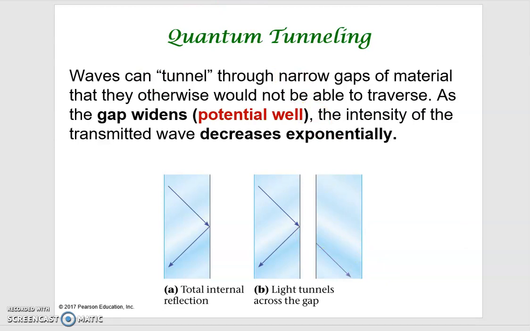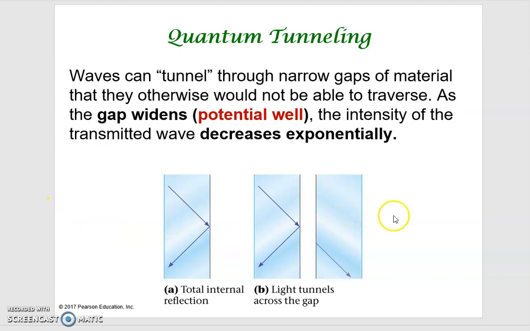But that is true only when you think in terms of particles. Because now, based on the de Broglie duality concept, the particle also has wave properties. Even though you have the gap or the potential barrier there, it seems impossible for a particle to penetrate through.